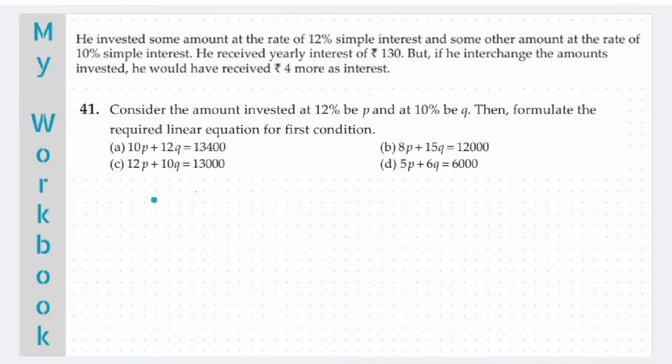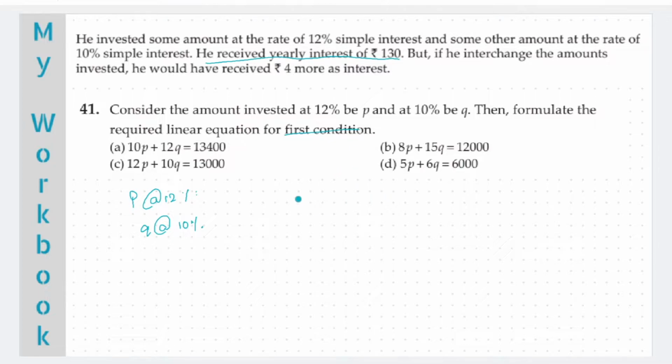Now P is the amount invested at the rate of 12% and Q is the amount invested at the rate of 10%. And as per the first condition, he received yearly interest of rupees 130.